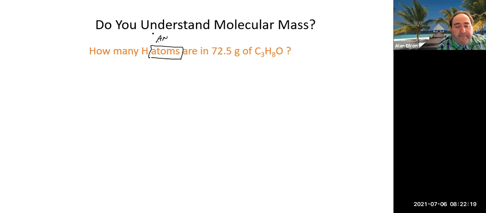But the really important thing is we are actually looking for just the hydrogen atoms by itself here, and not the entire thing. So if we look at the formula for this compound, it contains carbons, it contains hydrogens, it contains oxygens. In this particular problem, though, we're only interested in the hydrogen part of it.